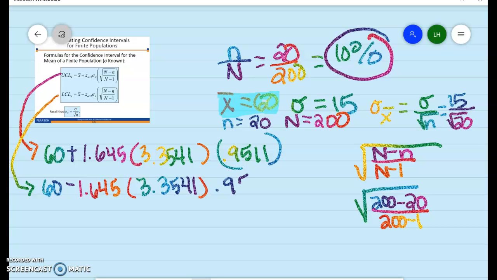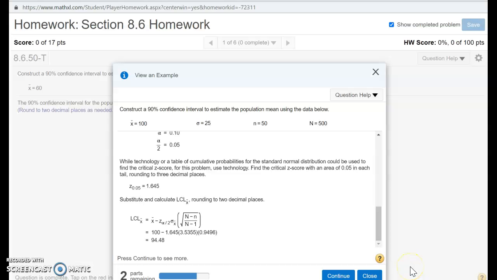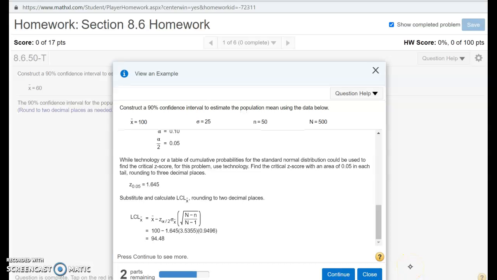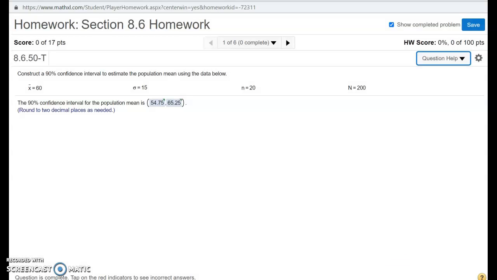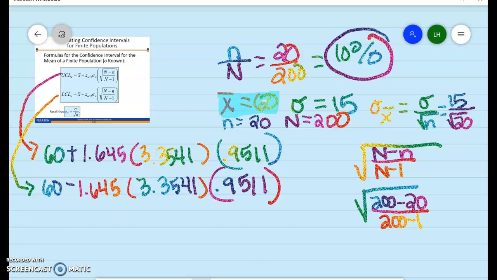So you're going to plug both of those in, and we're going to round our interval to 2 decimal places. So this is going to be your confidence interval, and this is the confidence interval for the mean of a finite population when the population standard deviation is known.